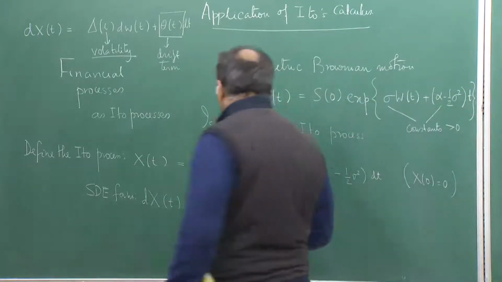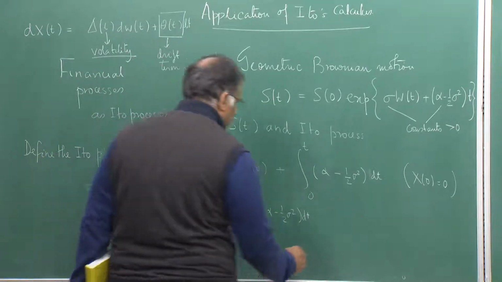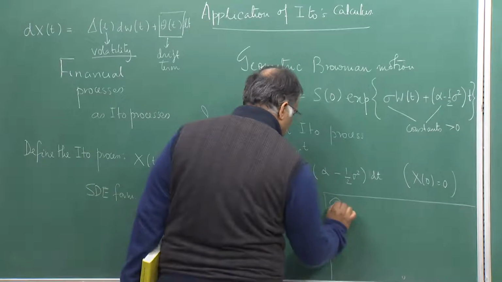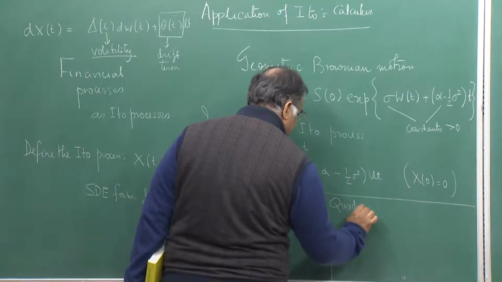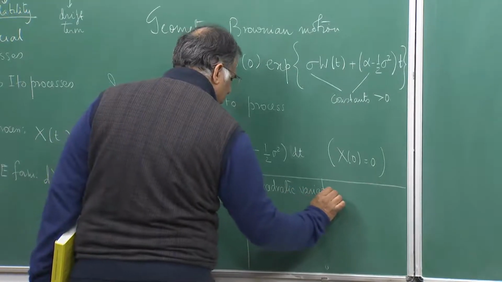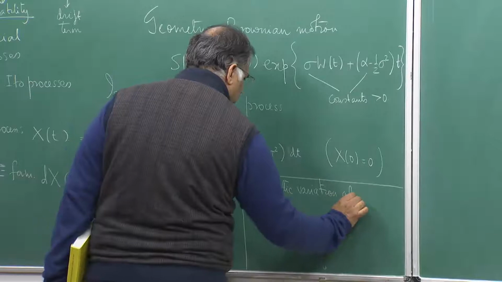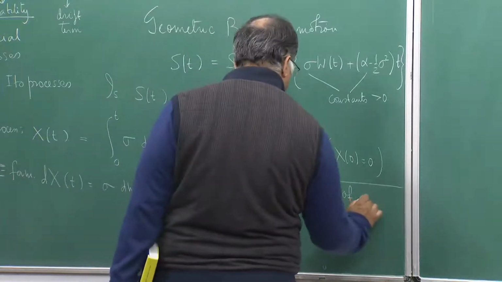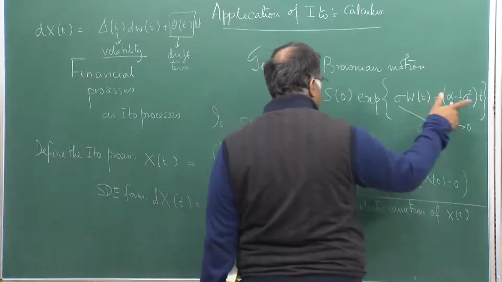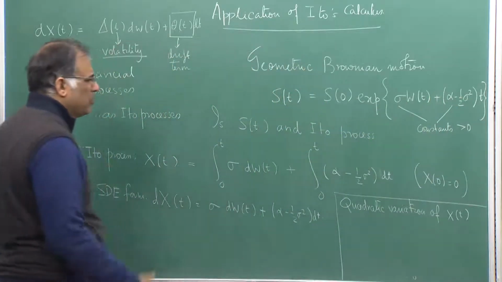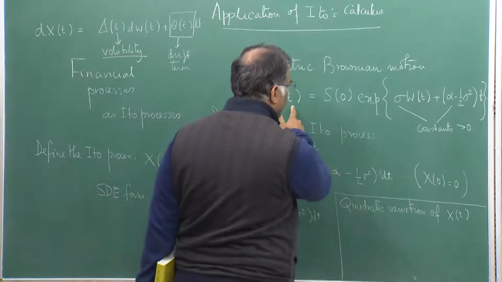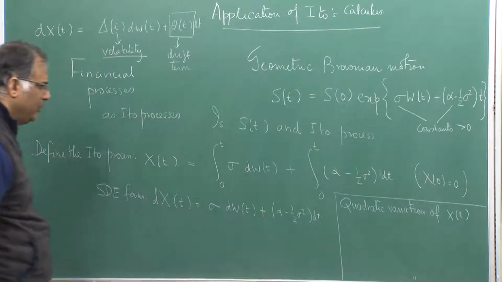Now, if you look at the quadratic variation of the process X, note that this process S_t equal to S0 times the exponential is called log Brownian motion or geometric Brownian motion. Because of the exponential term, we are guaranteeing that a price can never be negative.